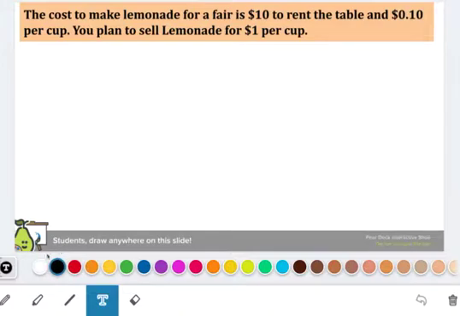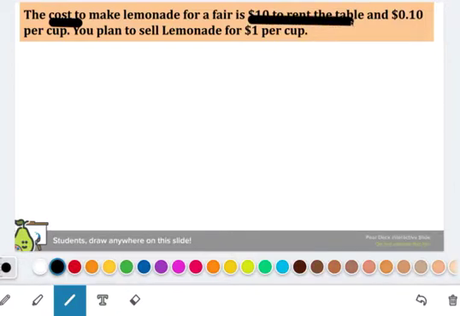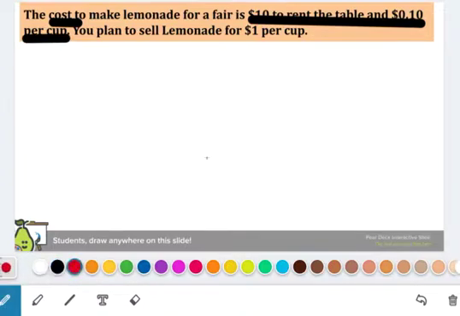Okay. The cost to make lemonade for a fair is $10 to rent the table and 10 cents per cup. You need to know that per means times, so times goes there.